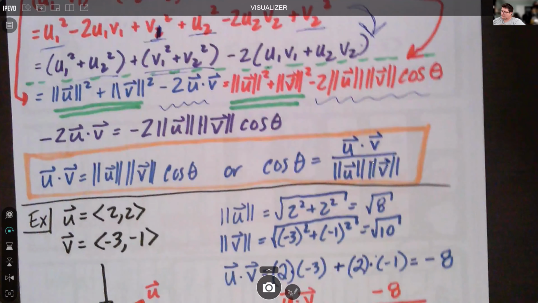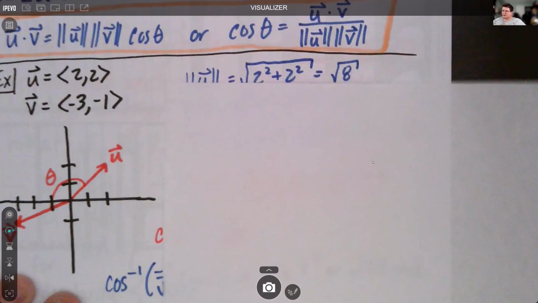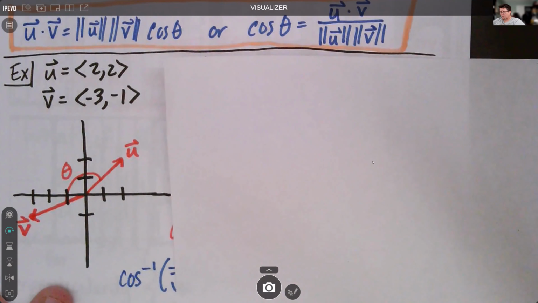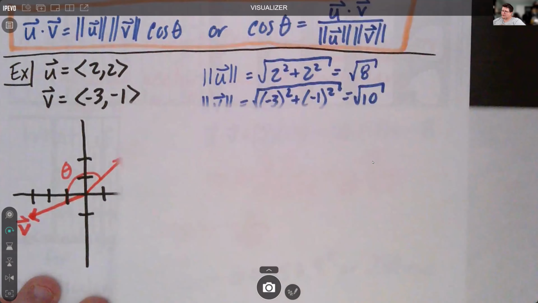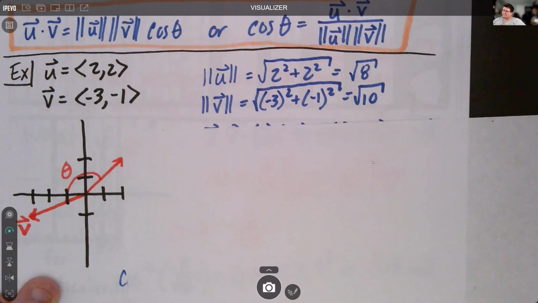So let's take a look at an example of that. I've got the vector u and the vector v, (2, 2) and (-3, -1). We can graph them and we can see the angle between them. If we want to find the angle, we need the norm of u and the norm of v. So the norm of u is 2 squared plus 2 squared, then take the square root, square root of 8. v, same process. We're doing the distance formula. We get square root of 10.